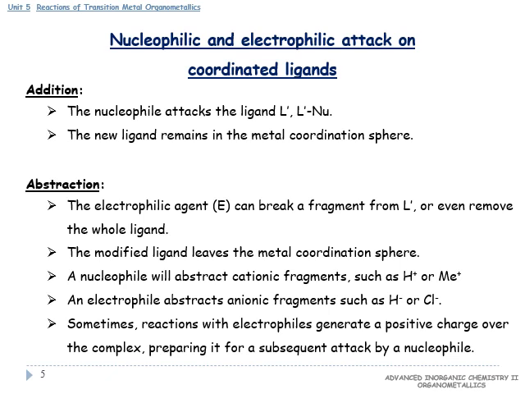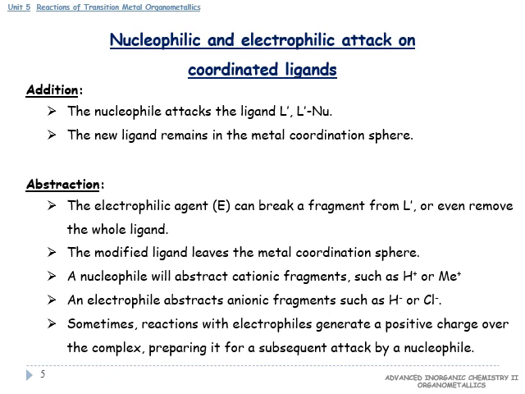A nucleophile abstracts a cationic fragment, such as a proton or methyl group bearing a positive charge, while an electrophile abstracts an anionic fragment, such as a hydrido or a chloride.